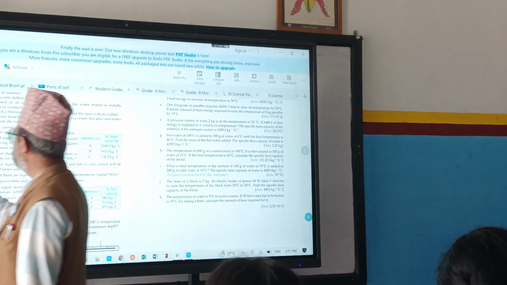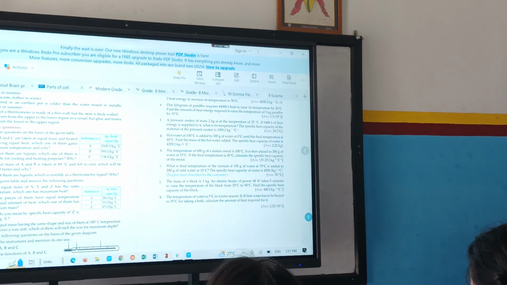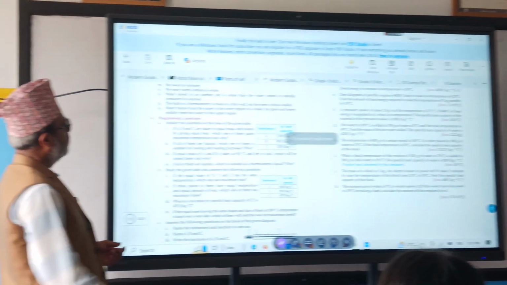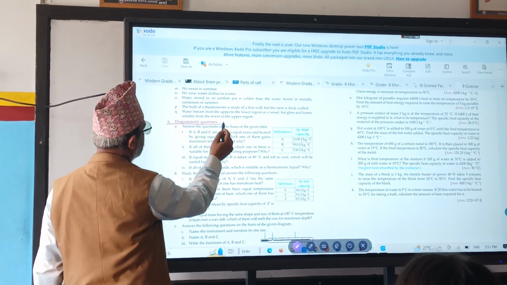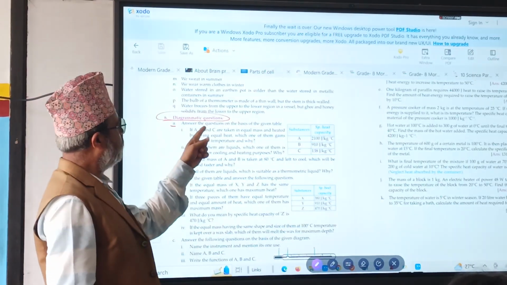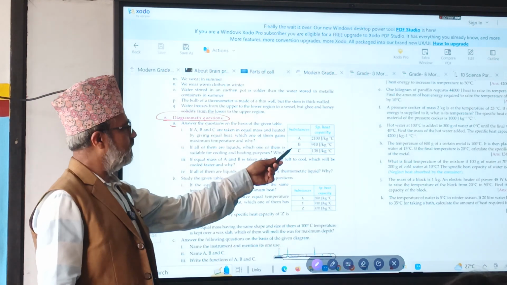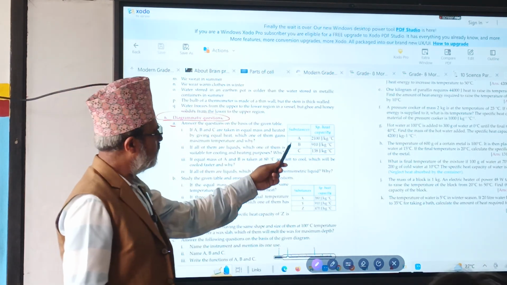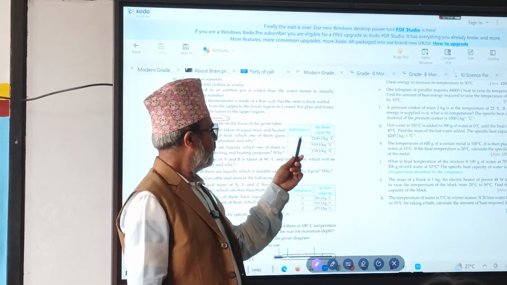Can you see this? I think there is no problem. Please read here. What is given? Diagrammatic questions, number A. Answer the questions on the basis of the given table. What does the table show?